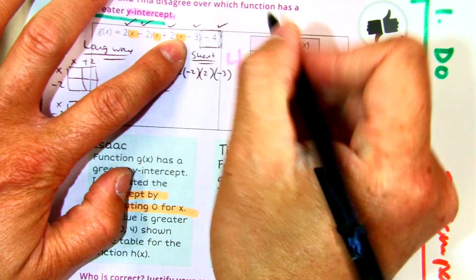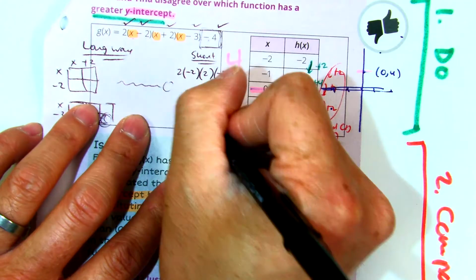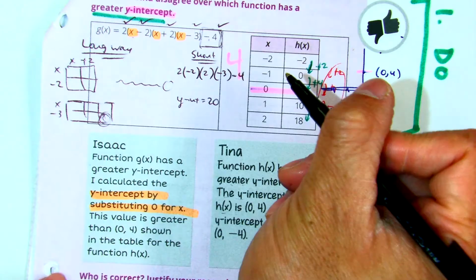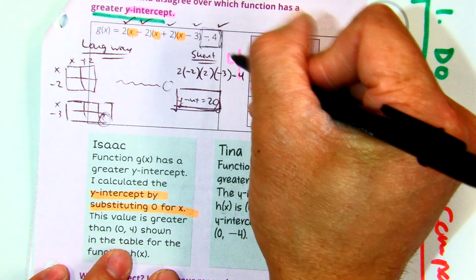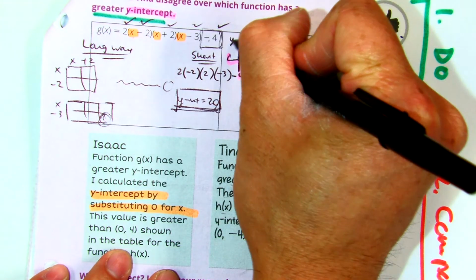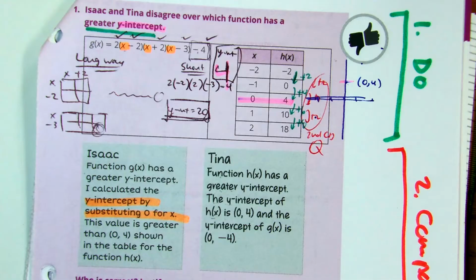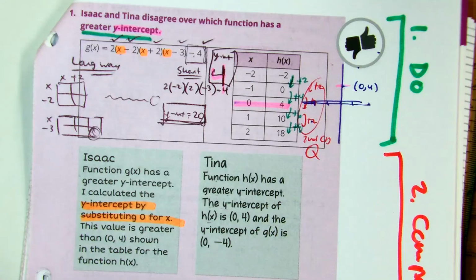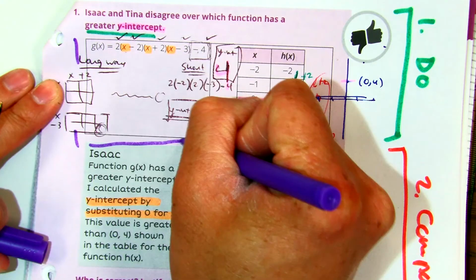And then 24 minus 4 gives us 20. So I have a y-intercept of 20 here, and I have a y-intercept of 4 here. So obviously, which one is a larger y-intercept, 20 or 4? The 20. So this side is the larger y-intercept.